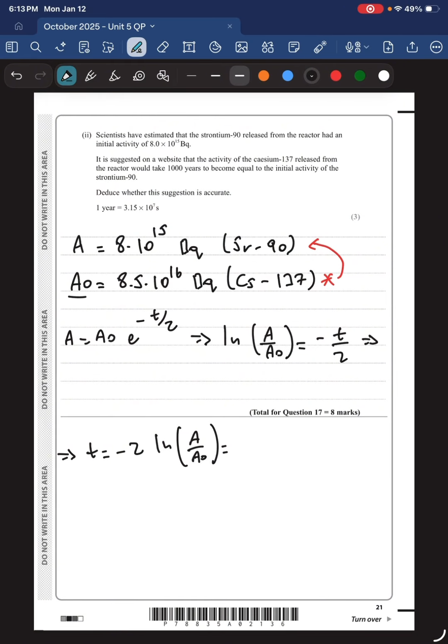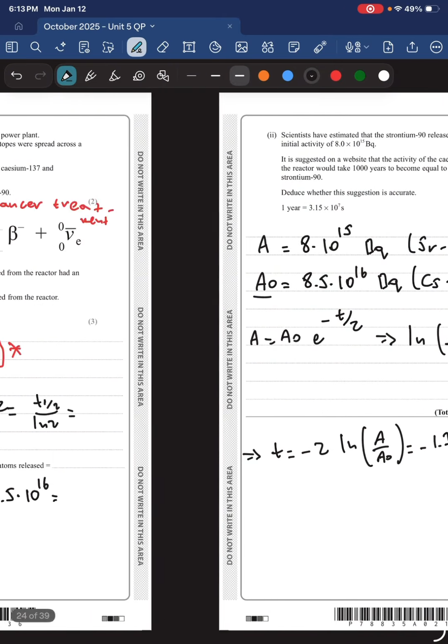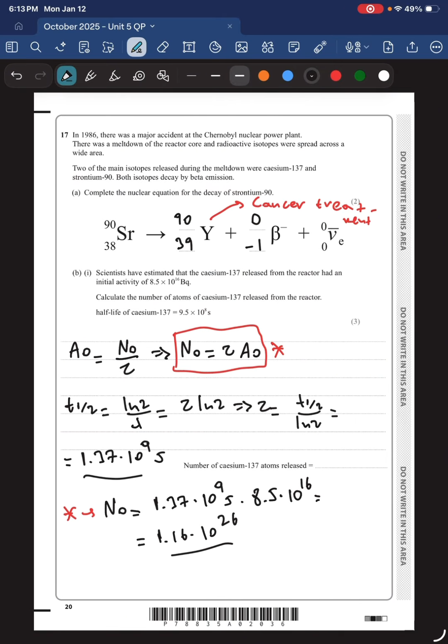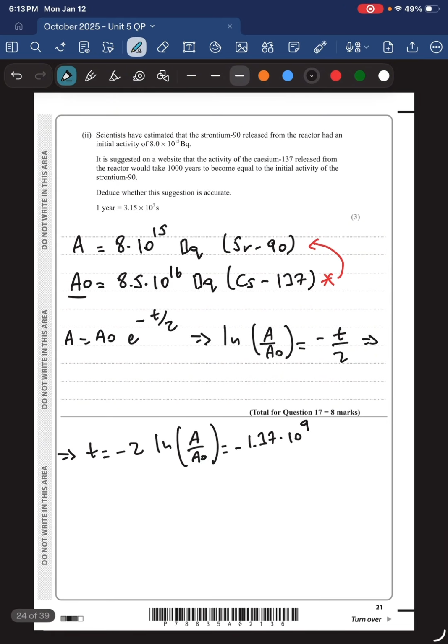If you plug in numbers, we have minus 1.37 times 10 to the 9, which is what we calculated earlier, times the ln of A, which is 8 times 10 to the 15, the desired activity, over A naught, the initial activity, which is 8.5 times 10 to the 16.